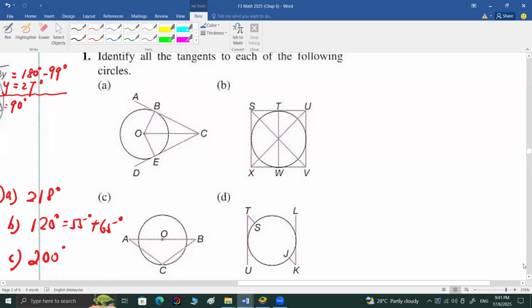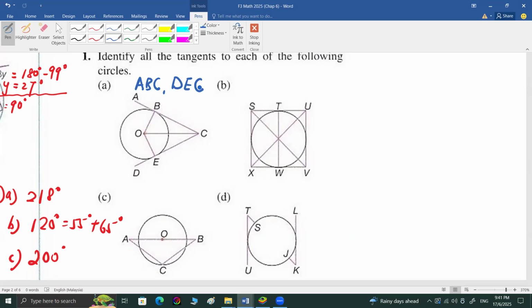This can be many, right? Like class 1A, name it. Write down ABC, good. DEC, good. A, B, C, D, E, C. Still have any? No, right? Just these two only. Got it, class?